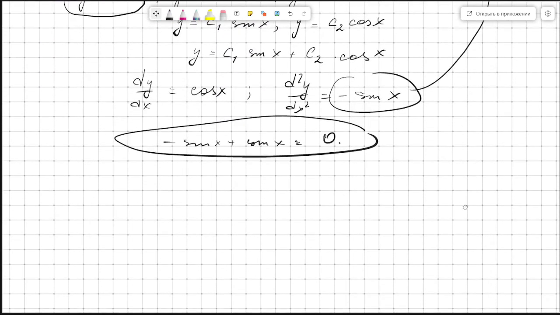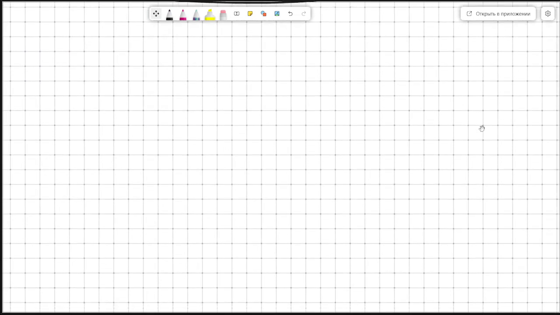Example, second example. Let us consider the equation y prime times x minus x squared minus y is 0.